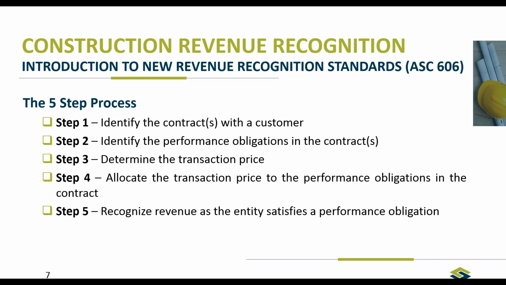So those are the 5 steps. I will be going over steps 1 and 2. Sean will be going over steps 3 and 4, and Scott will be going over step 5 and the administrative behind-the-scenes requirements that your organization will need to go through as this comes close and you get closer to adopting these revenue recognition standards.